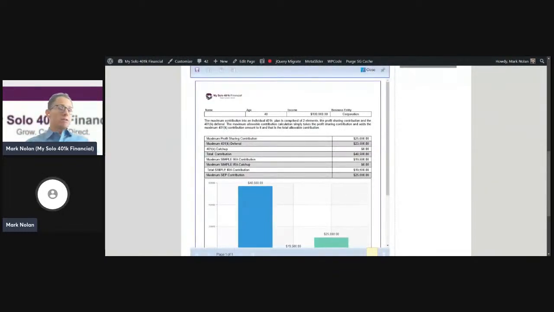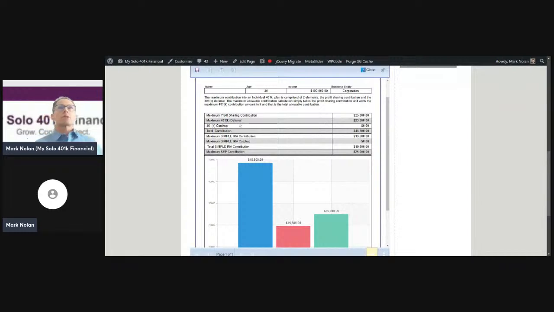Okay, based on $100,000, you're going to be able to do an employer Roth Solo 401k contribution of $25,000. This $25,000 figure is derived by simply multiplying 100,000 times 25%.